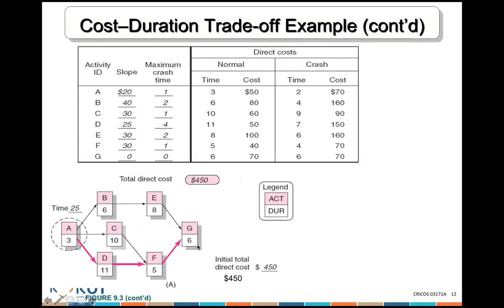The diagram you see on the left is really the network diagram, but it's a small version of it. If I was to give you an exercise in the exam, I'll most likely be giving you this diagram if there's a big calculation. So the normal time to finish this project is 25 days at a cost of 450.